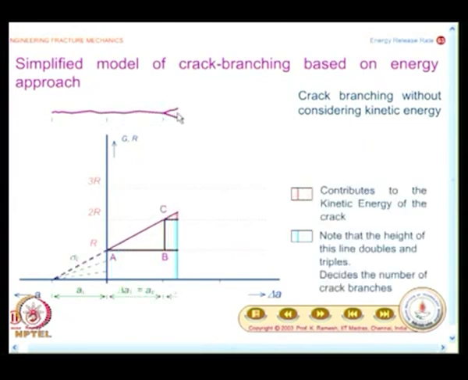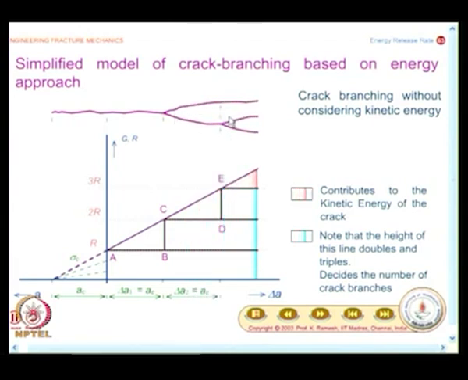When the energy levels are sufficiently high, it branches out. When further energy is pumped, it branches further. And mind you, I have taken a really infinite plate with a small crack. The crack has not seen the other edge of it. It is a fictitious experiment, but it gives you a reasonable appreciation that crack branching is explainable on the basis of energy release rate and resistance.